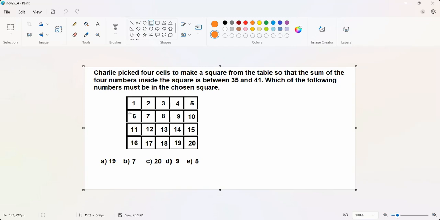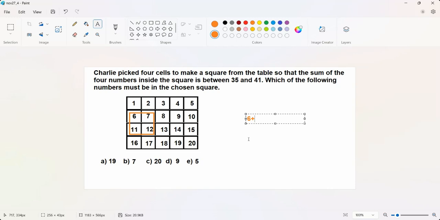So if that's not working, we take these four squares. Let's see, 6 plus 7 is 13, plus 11 is 24, and plus 12 is 36. So 36 is between 35 and 41. So this is one of the combinations, one of the squares that we are looking for.